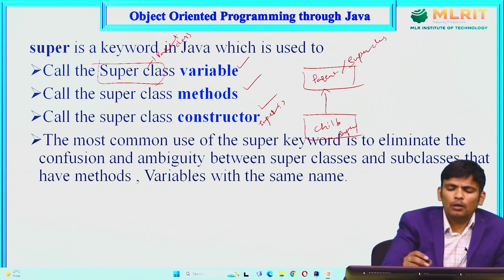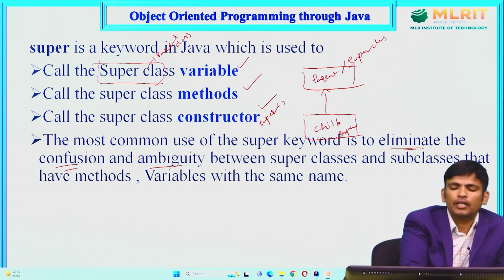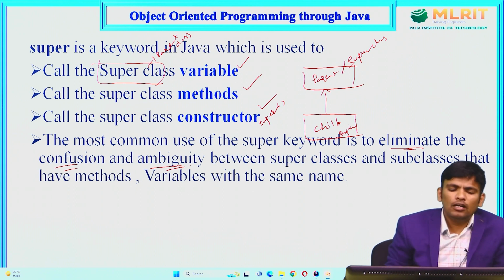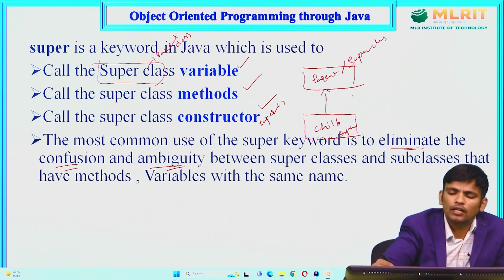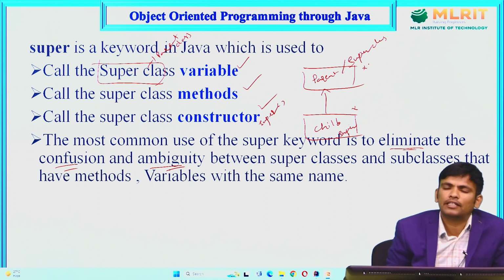The most common use of the super keyword is to eliminate confusion and ambiguity. We get confusion and ambiguity if both classes have the same names. Suppose in the child class I have an x variable and the parent class also has an x variable.